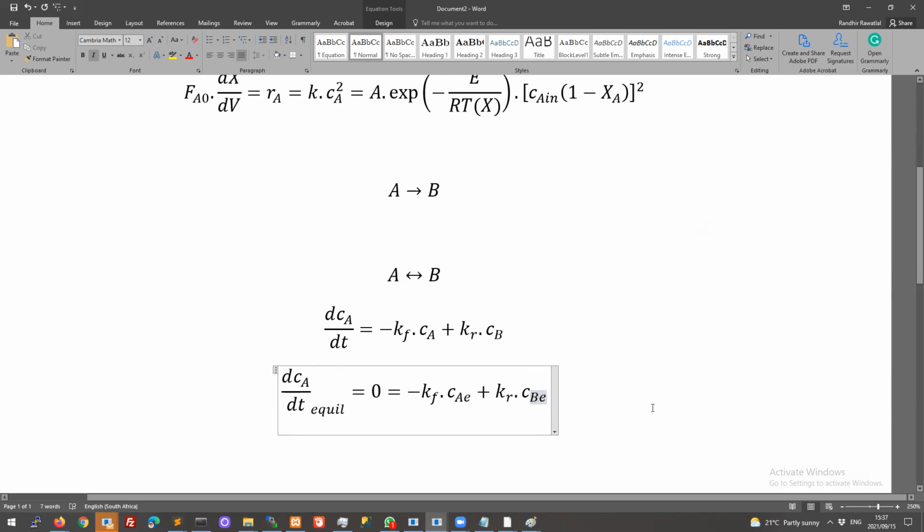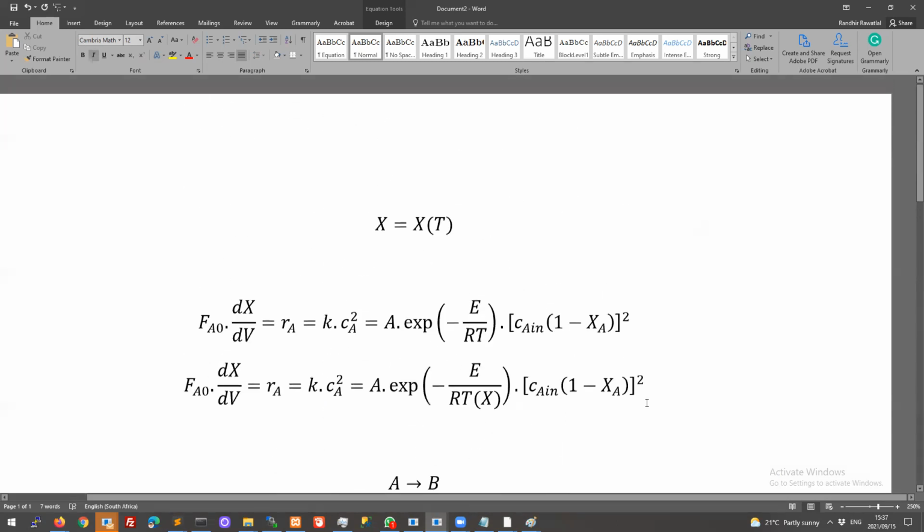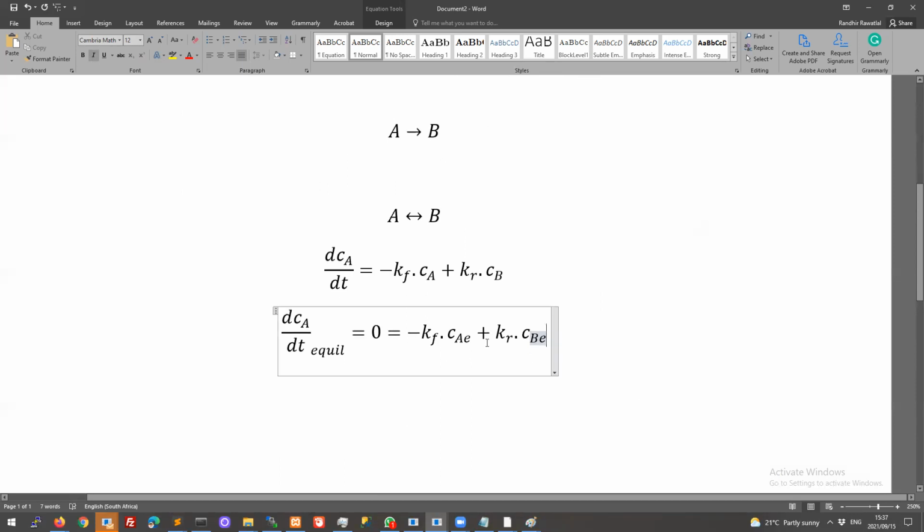So if that's equal to 0, then clearly we can say that these two terms are equal, right? So let's just copy that out. Let's take this across to the other side. Right, so that's what we have at equilibrium.